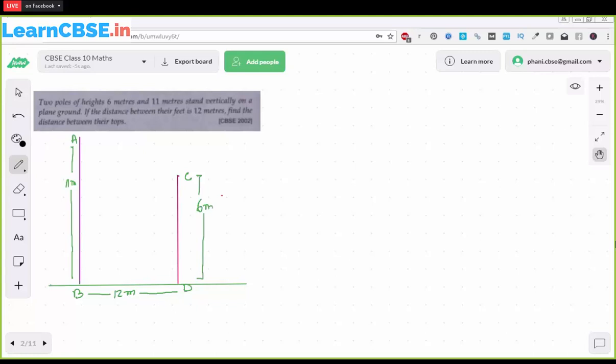Now, we have to find the distance between their tops, so I need to find this distance, the AC line. So for the construction, I will draw one more line parallel to the base. Starting from C, it will intersect the AB line at, say, E. So this is the construction we have drawn.